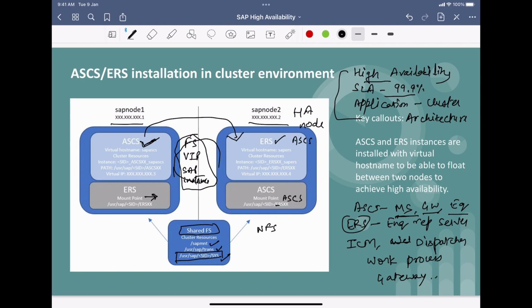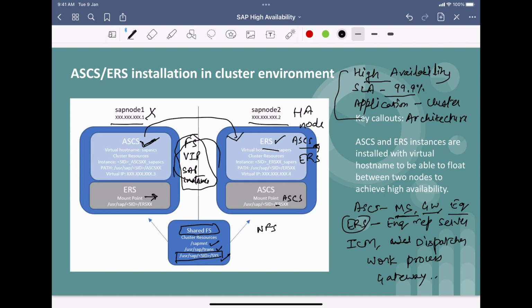Also, to provide a seamless experience to the user, so that whatever log entries are maintained for the changes they have made to specific tables, to avoid any loss of data, we maintain these log entries in the ERS service on a separate node. So whenever failover of ASCS services happens, your logs are maintained in ERS and can be picked up there. So users do not see any impact of the outage at node 1.